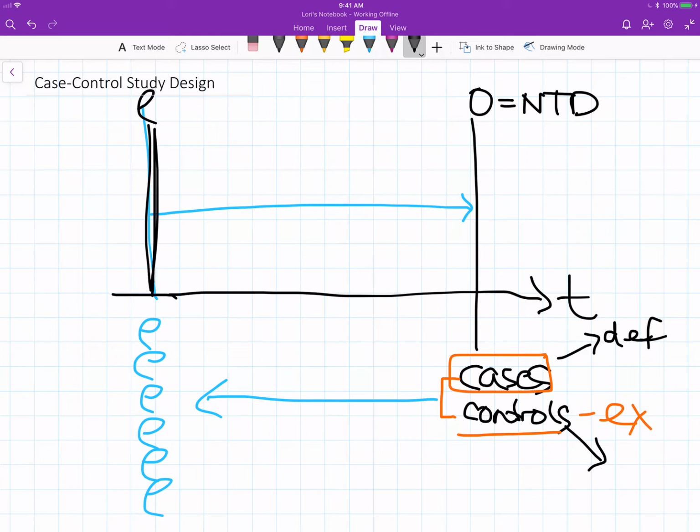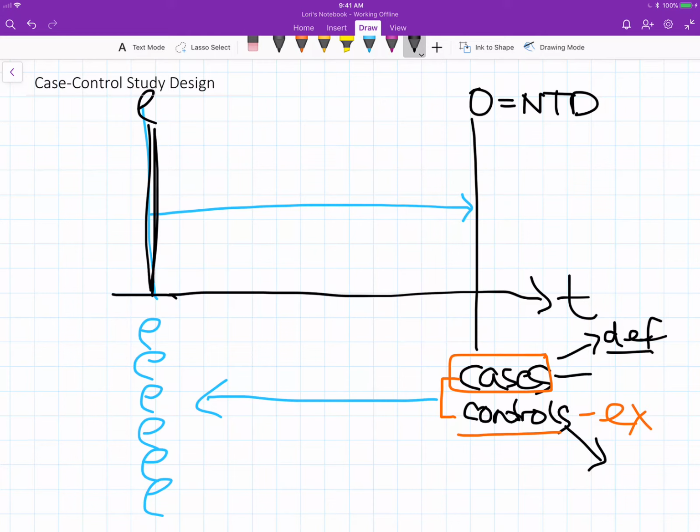Now, we don't want to make that definition so narrow that we don't really capture the variety of neural tube defects or whatever the outcome of interest is, but we also don't want to make it so wide that we include things that really are not neural tube defects. So coming up with a clear definition is really very key to a case control study design.